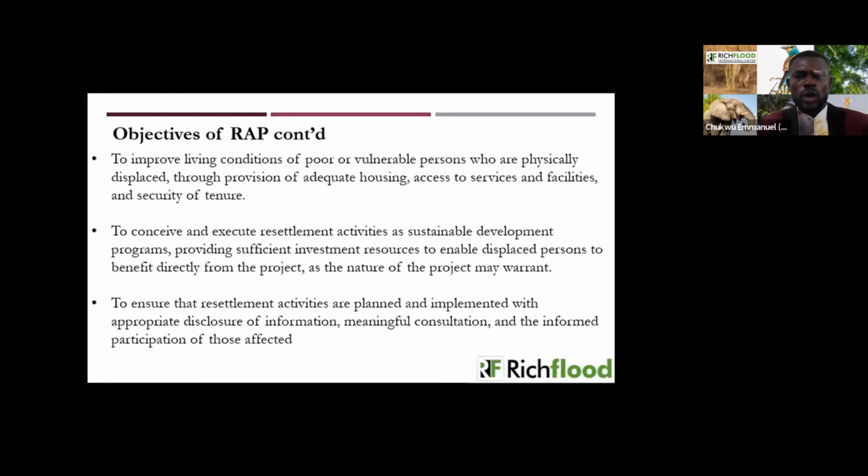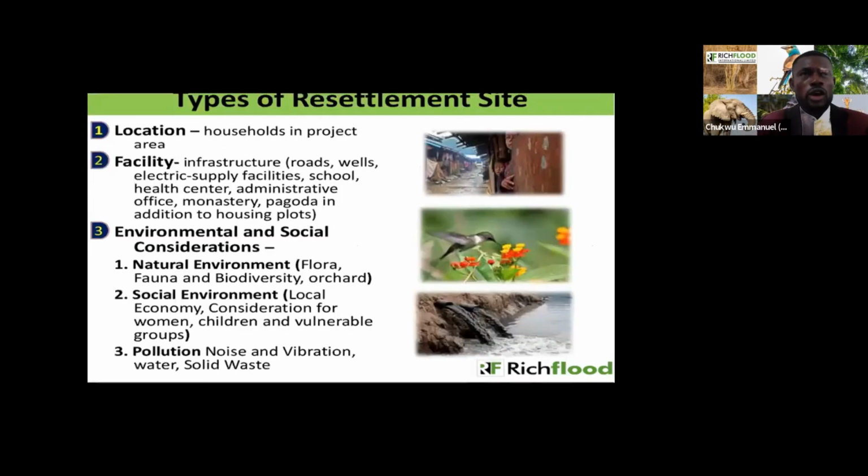This plan also ensures that all the activities of the Resettlement Action Plan are adequately planned, and according to this document, they should be implemented accordingly. That is the objectives of the Resettlement Action Plan. Now, we have various types of resettlement sites which should be taken into consideration when preparing the Resettlement Action Plan.